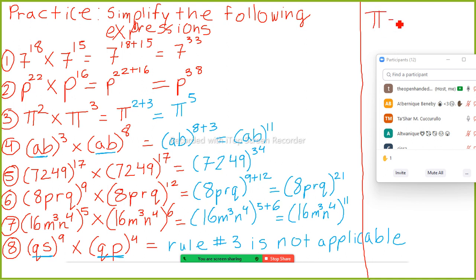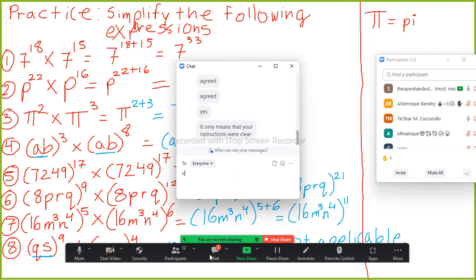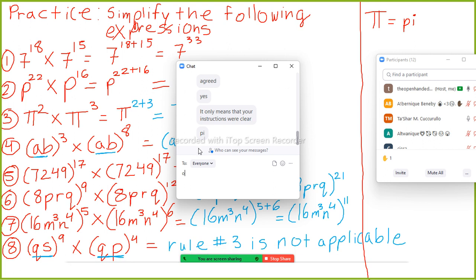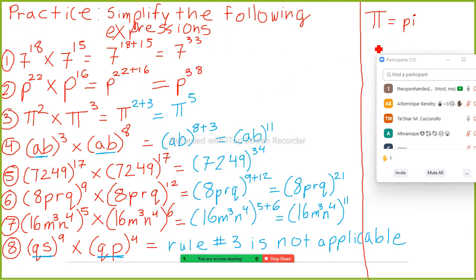And I'm going to use this a lot. I like to use pi. It's a special number that is equal to 3.142 and continuing on, so it's a very long number.